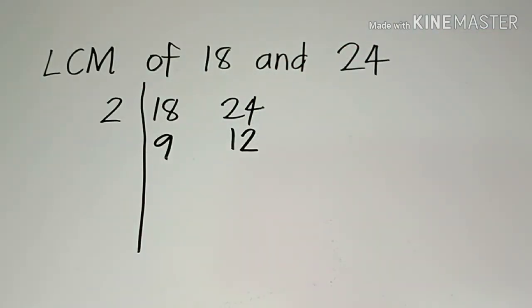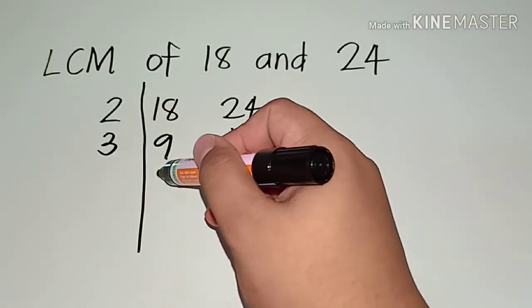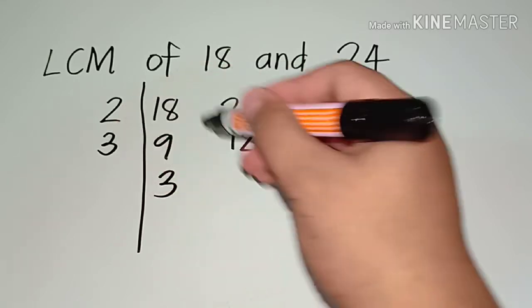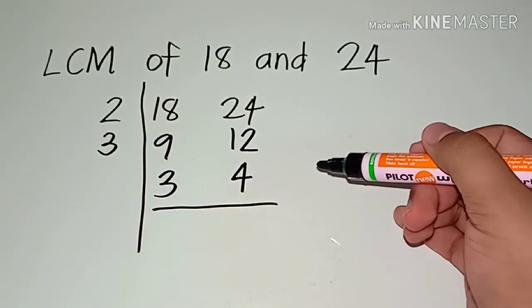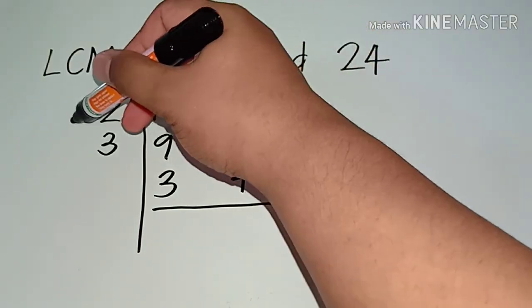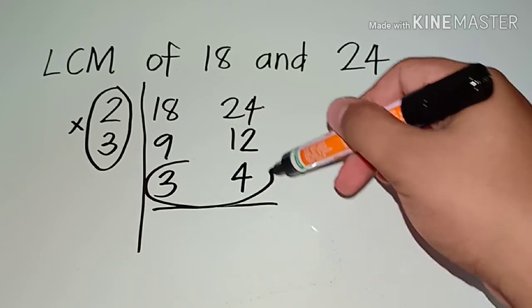We can still simplify 9 and 12. But of course, we cannot divide by 2 because 9 is not an even number, so we will divide by 3. 9 divided by 3 is 3. 12 divided by 3 is 4. You cannot simplify that anymore, so you stop right there. Multiply the numbers on the left, including the number at the bottom.